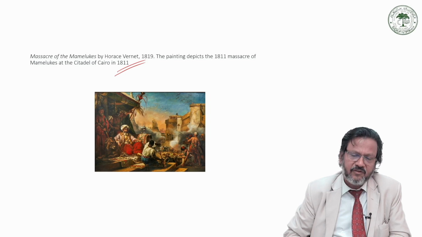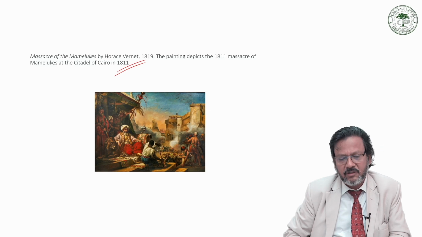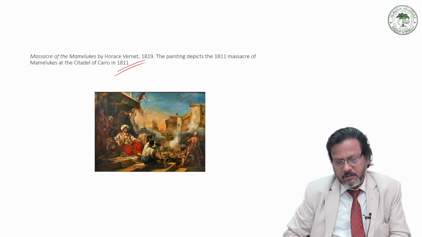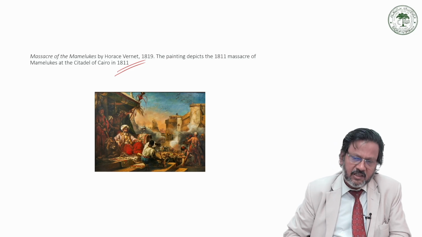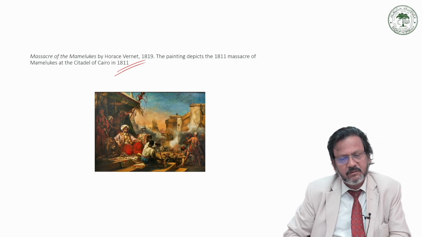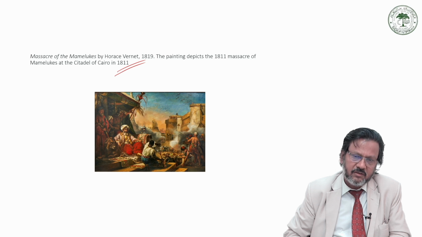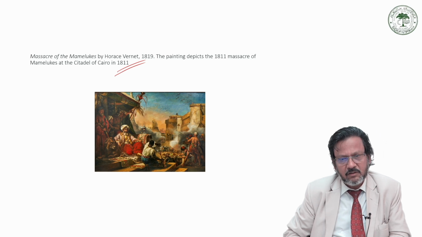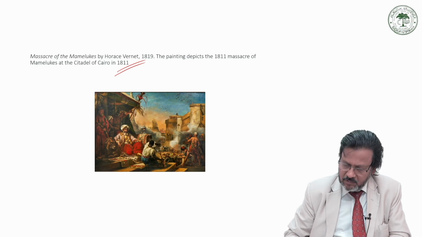That is the citadel of Cairo, which is also the Qalat Salahuddin, the citadel of Salahuddin. It's also known now as Qalat Muhammad Ali Pasha. And he had ordered his generals to kill them all, while these nobles would be just enjoying their feast. So this way he was able to put an end to the entire Mamluk episode in history.